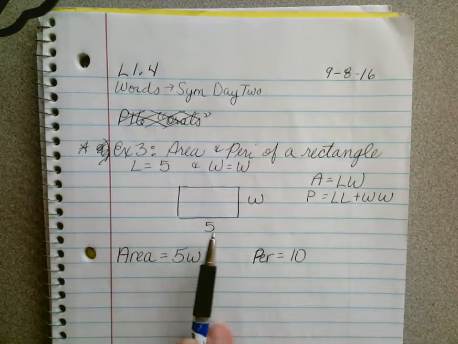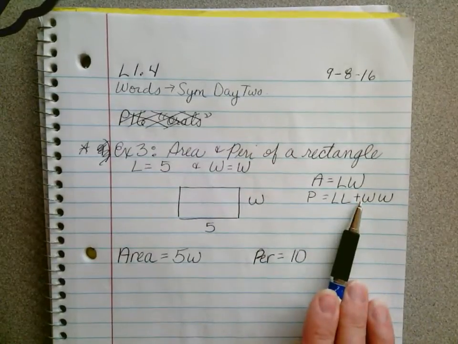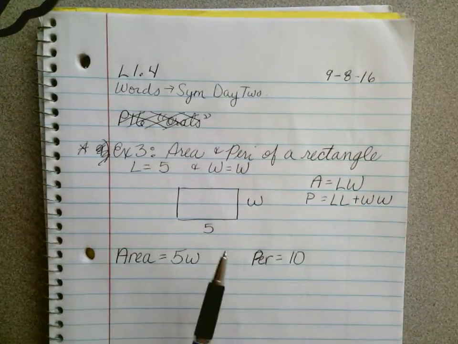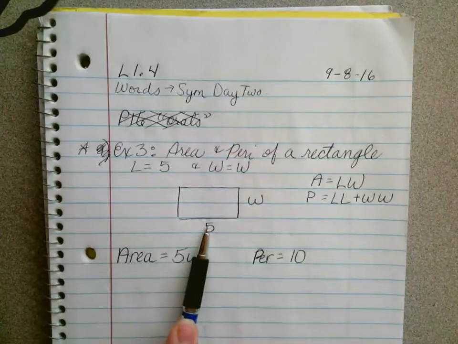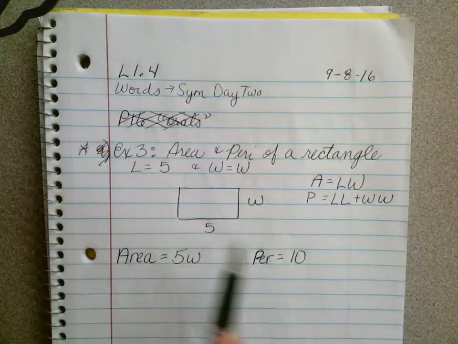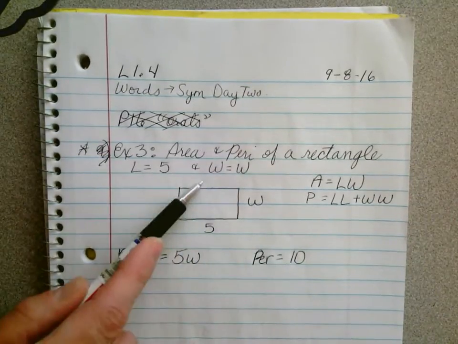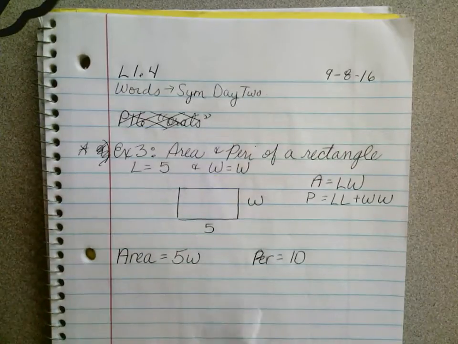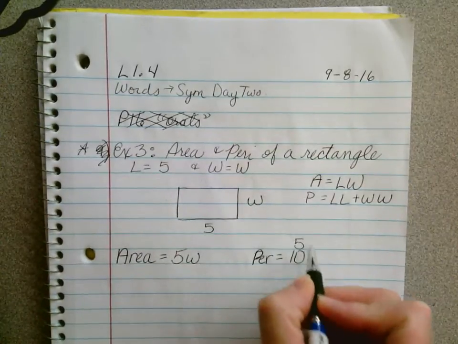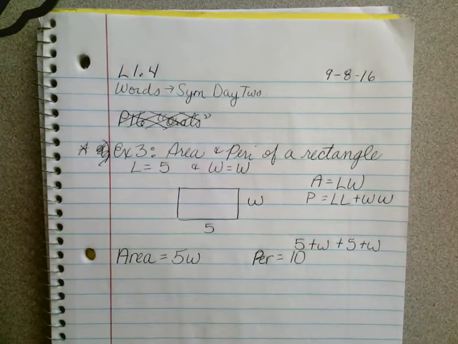Nope, you're doubling this and then multiplying by that. It says sum. So what's this? 5. And sum means do what? Add. So 5 plus W plus 5 plus W, which is what my friend Jay just said.